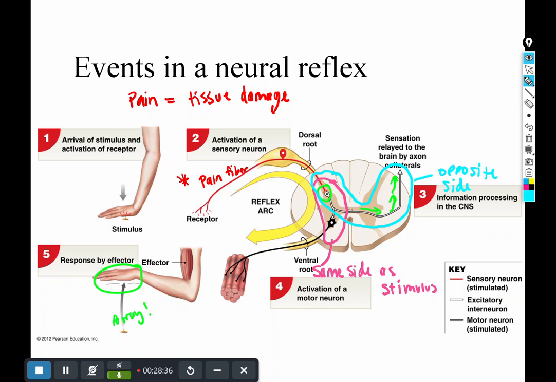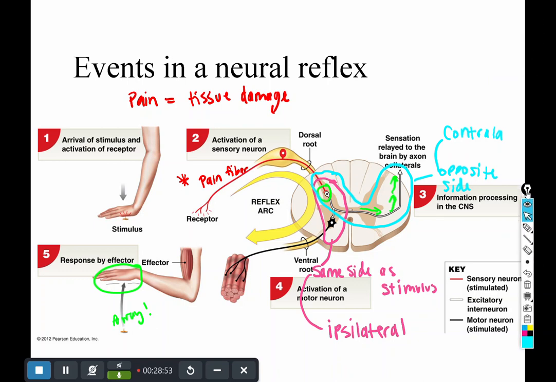The name for same side is ipsilateral. And the name for opposite side is contralateral. I have to move my little toolbar here. There we go. So we'll come back to that later because depending on what the nature of the reflex is, they can either be only ipsilateral, only contralateral, or they can be, like in this case, a combination of both. So we'll see some more examples as we move along.